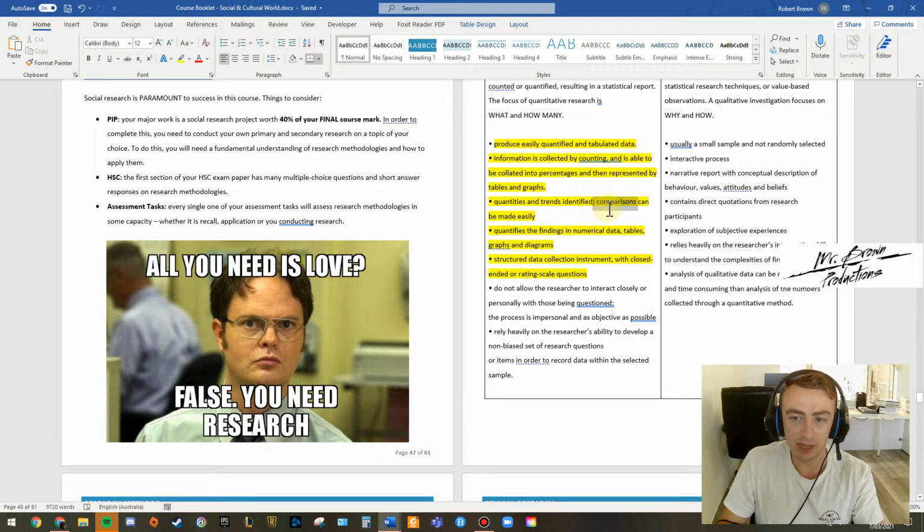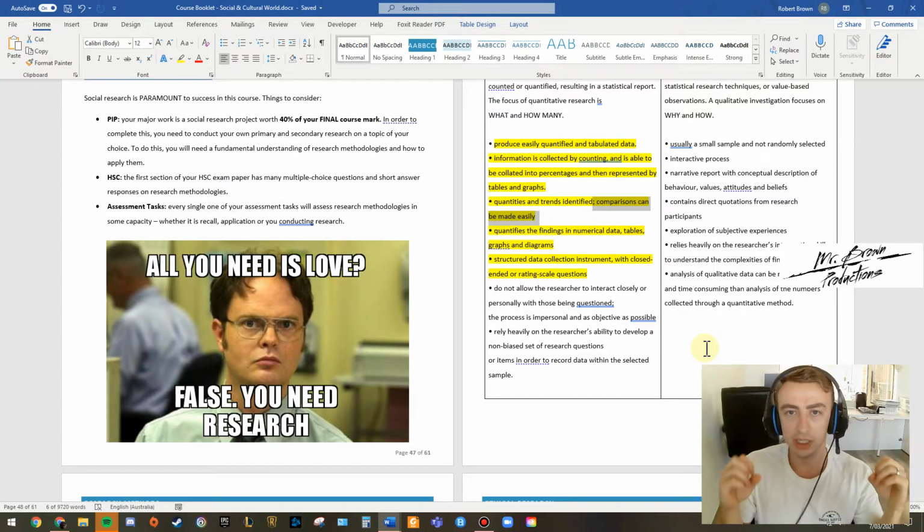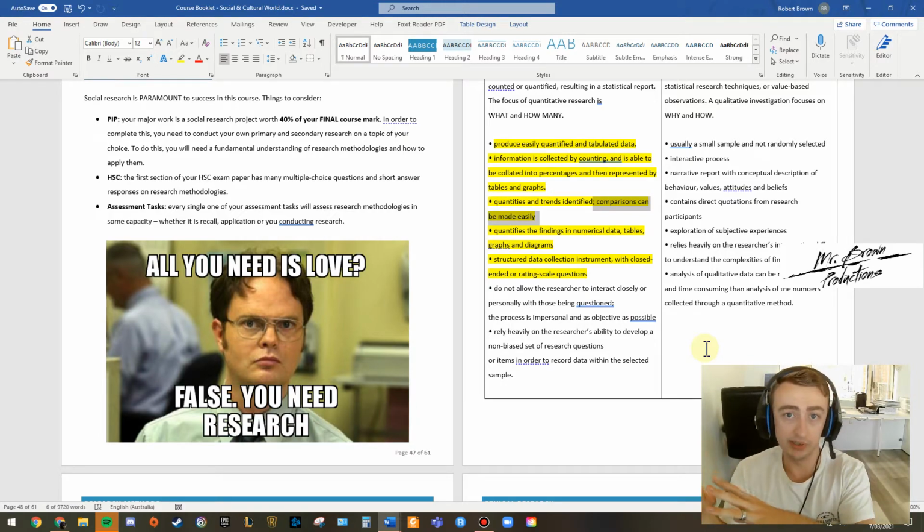And then the second part of that is comparisons can be easily made. So let's say you're doing research on, like we said, social media or mental health. If your survey said that 60% of males and females experience a mental health issue in their lifetime, you can compare your data with secondary research that you might have got from Headspace or Beyond Blue or something like that.